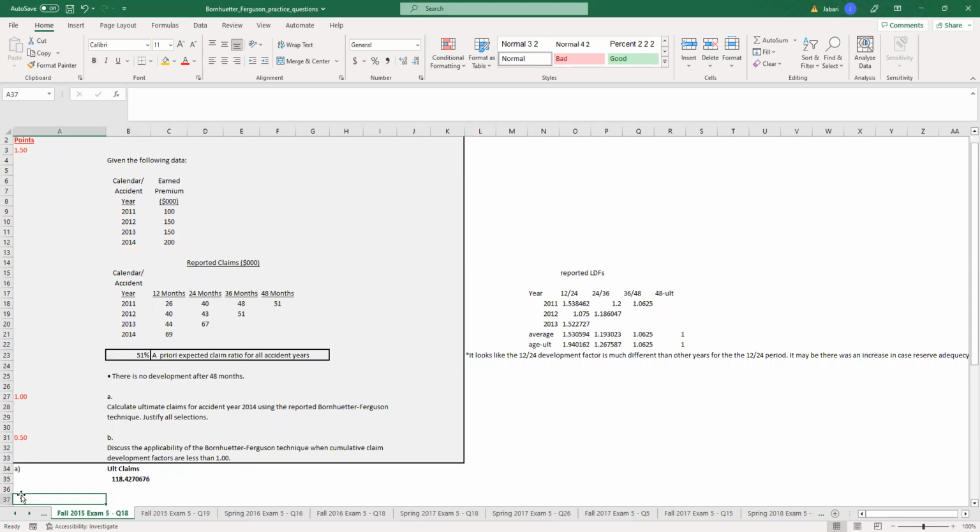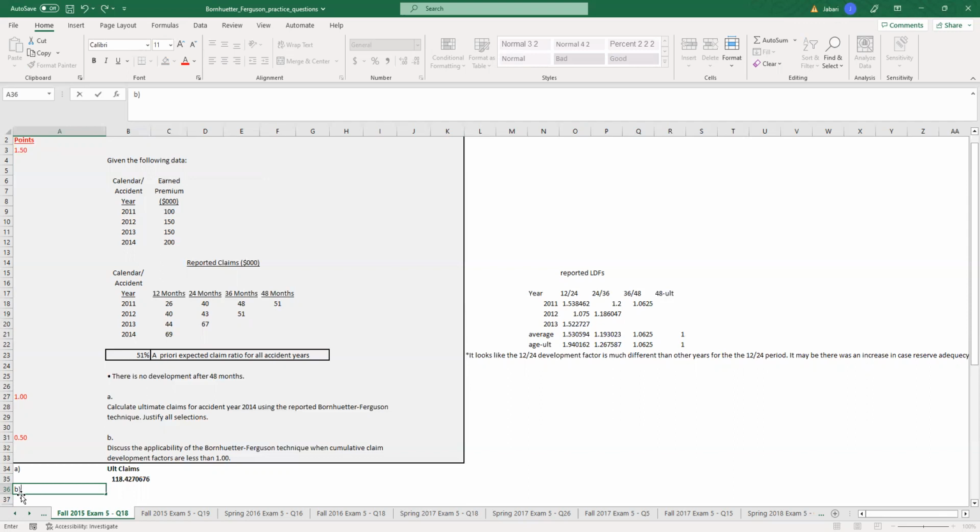And then for B, B's asking, discuss the applicability of the BF technique when cumulative claim development factors are less than 1. Well, if factors are less than 1, intuitively, we think about the BF technique being a credibility weight between the loss development technique and the expected claims technique.